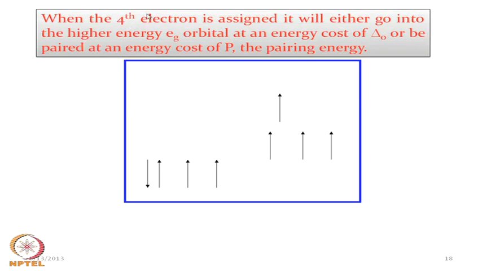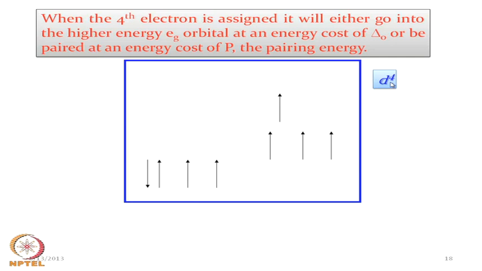So, when we go for the fourth electron, what can happen? It can go either to the t2g level or the eg level at an extra energy cost of delta O, or be paired at the energy cost of P.